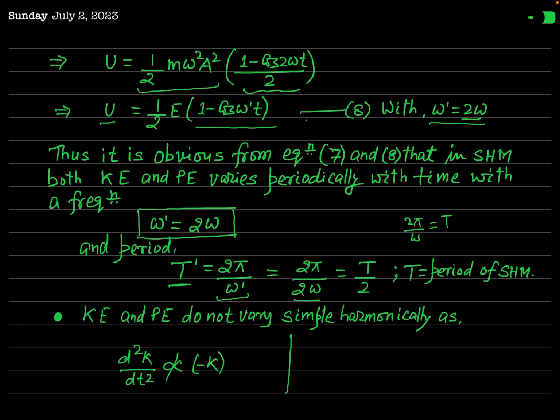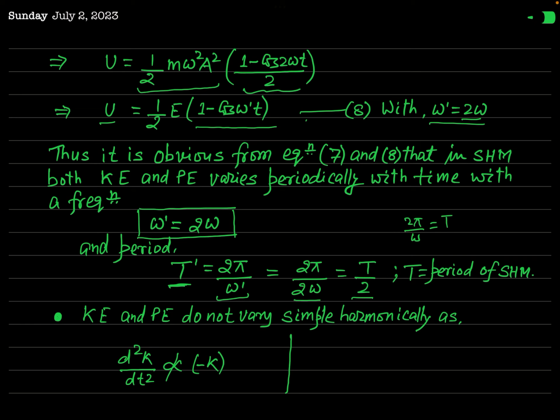So the time period of variation of kinetic and potential energy is T over 2, where T is the period of simple harmonic motion. So you can say that the kinetic and potential energy vary with a time period which is just half of the time period of the simple harmonic motion. So this fact has been very clear to you, I hope. Okay? Yes or no? Definitely you should say yes.